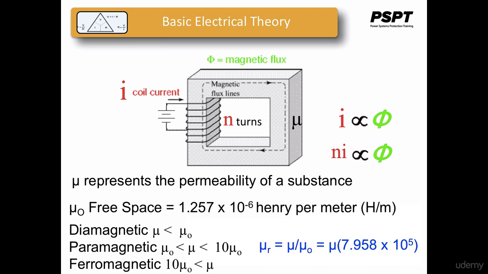Along with magnetism is the study of magnetic material, such as iron, steel, cast iron, etc. So that leads us to a discussion and a definition of what permeability is and how it describes these magnetic materials.